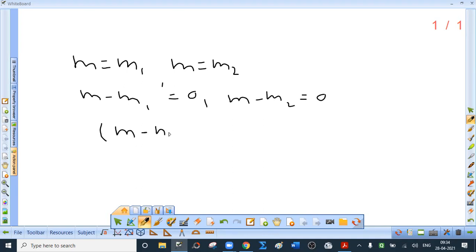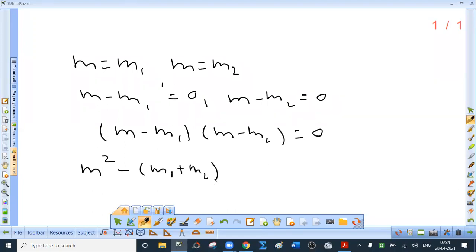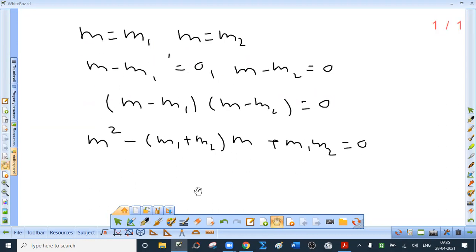Combine, find joint equation. M minus m1 into m minus m2 equal to 0. Now if you open all the brackets, you get m square minus m1 plus m2 into m plus m1 m2 equal to 0. I hope you are getting this.